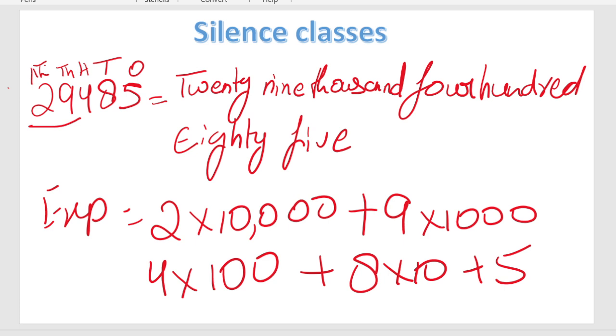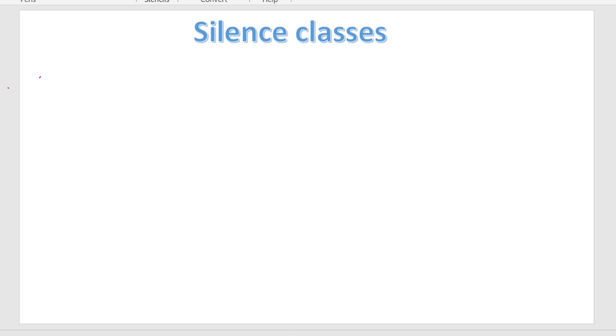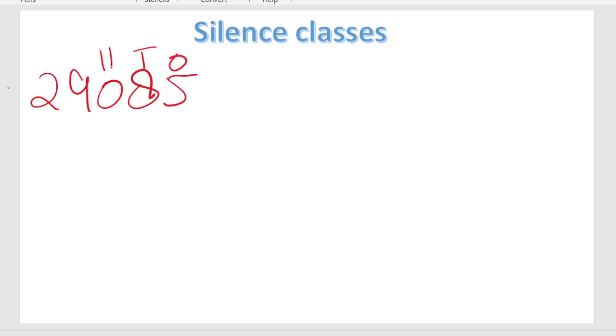The next question is 29085. So what we have to do? Now we have to write down the place values: ones, tens, hundreds, thousands, and then 10,000, like this.